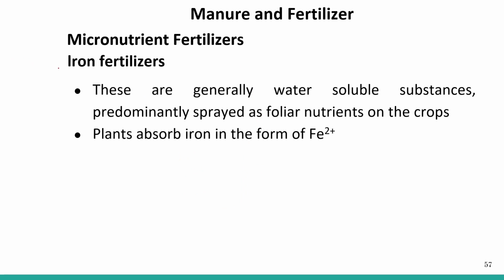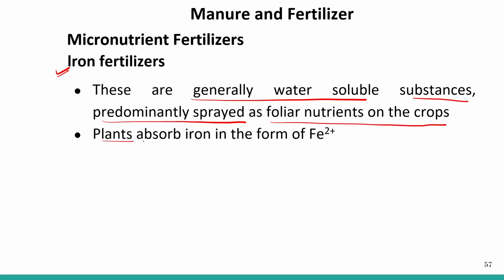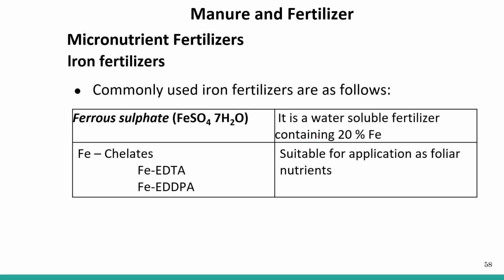So the first one is the iron nutrients. These are generally water soluble substances predominantly sprayed as foliar nutrients on the crop plants, absorbed in the form of Fe2+ ion. So very important.